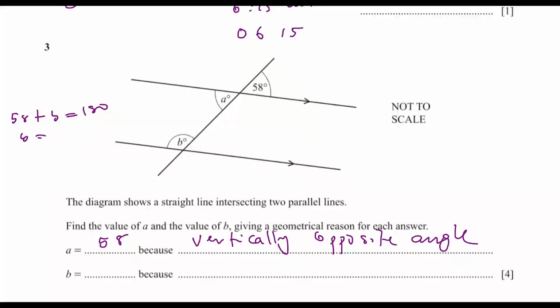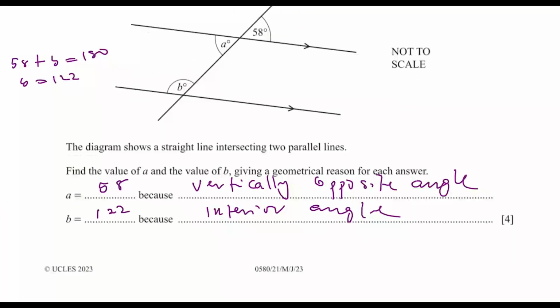So B will definitely be 122. So the value of B is equals to 122 degrees, and the reason will be co-interior angles. So that is the solution to that question.